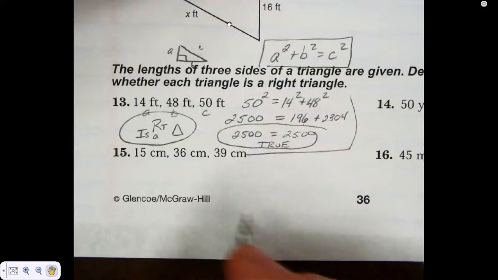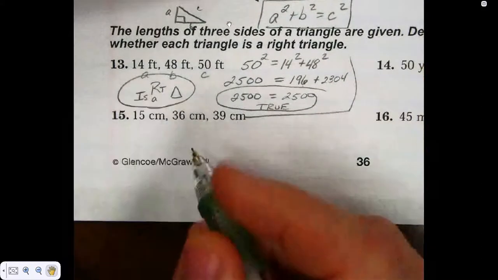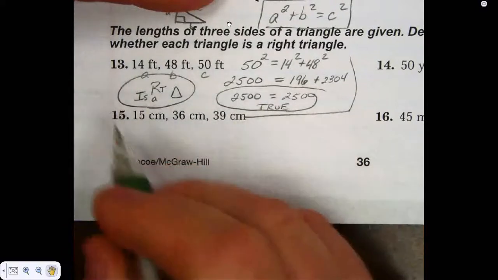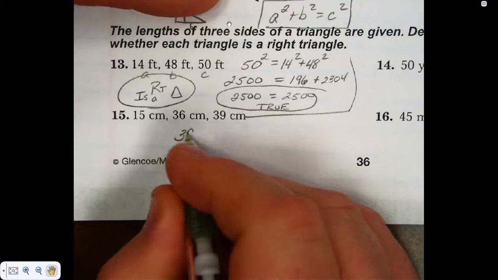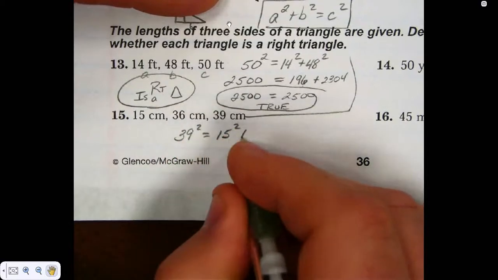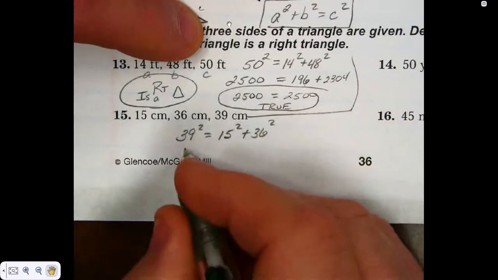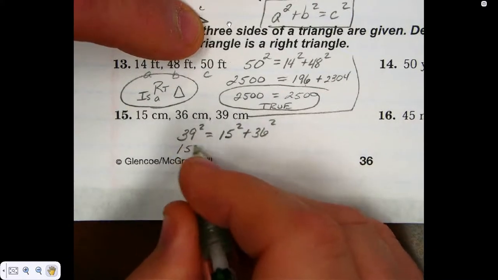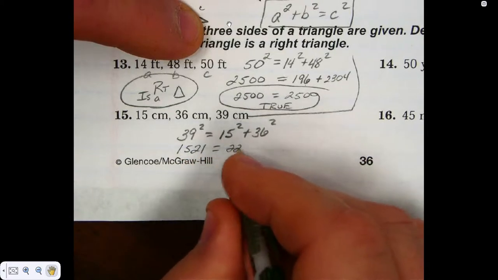Let's go down to this one. Don't assume that they're put in the correct order, okay? What's my hypotenuse? So I need to see if 39 squared is equal to 15 squared plus 36 squared. What is 39 squared? 1,521. What's 15 squared? 225.